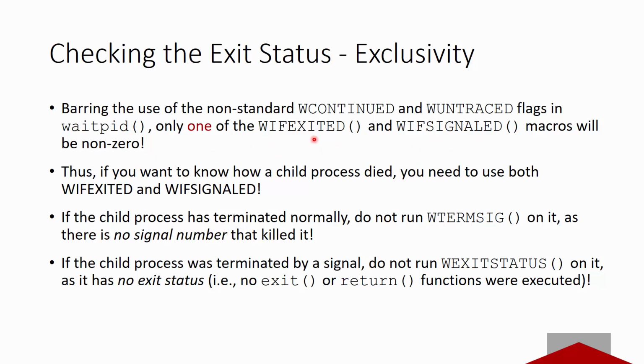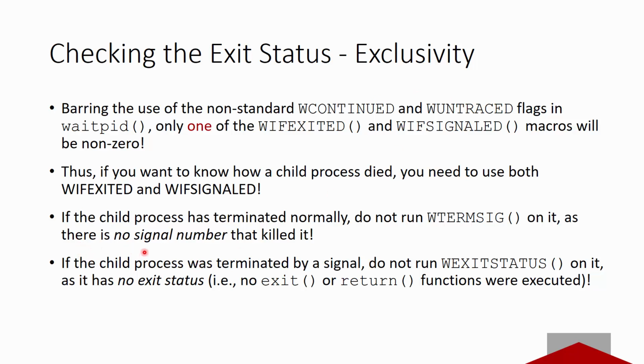Only one of them. The other one will be 0. So if you want to know how a child process died, you do need to be aware that both of these macros are involved. If one is 0, the other will be non-zero, assuming that both of these non-standard flags were not used.